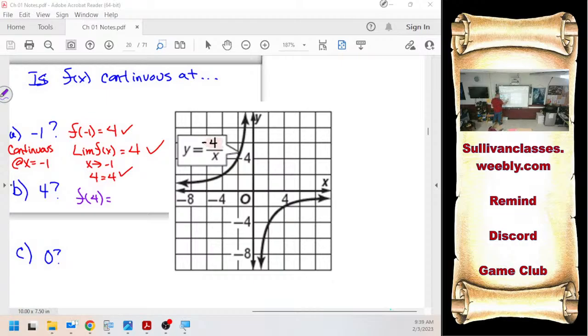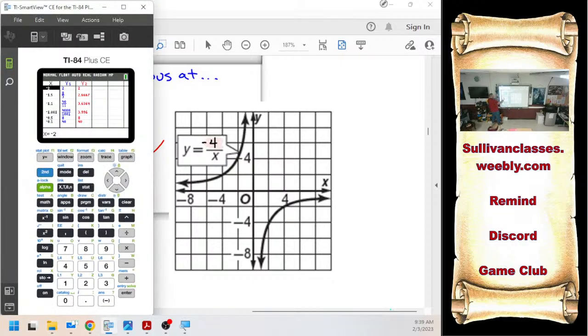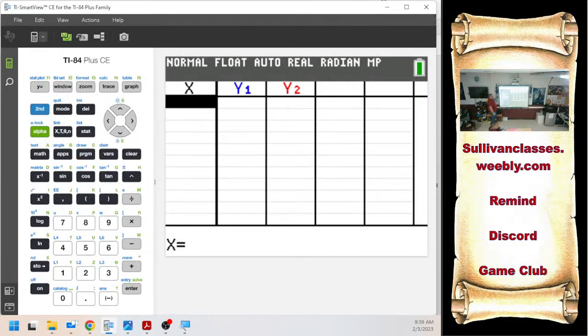I plug in a 4, I get -1. Yay, passes. Limit of my function as x approaches 4. This is why I wanted it in my calculator. I don't need to come at it from both sides with a ton of numbers like that. I can just get really, really close to 4 on both sides.